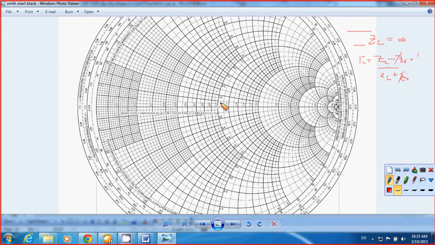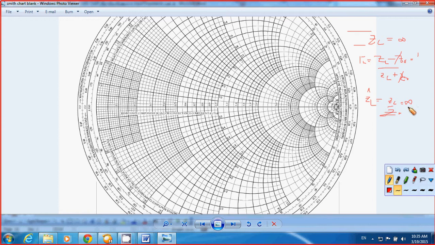How are we going to use the Smith chart to find tau L and show people that hey, I got tau L equal to 1? Well, first of all, as I told you, you have to find the normalized load impedance. So you divide ZL over Z0. It still comes out to be infinity, correct? So this is the real part, you don't have an imaginary part.